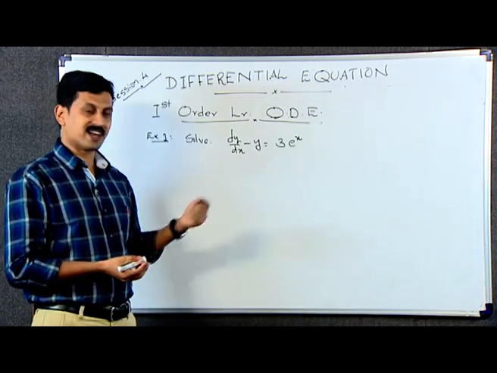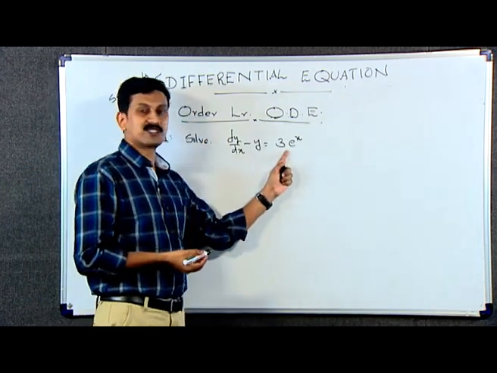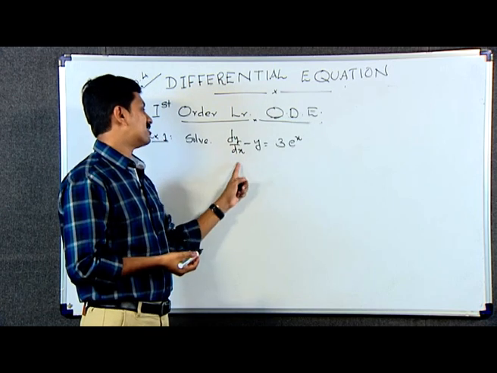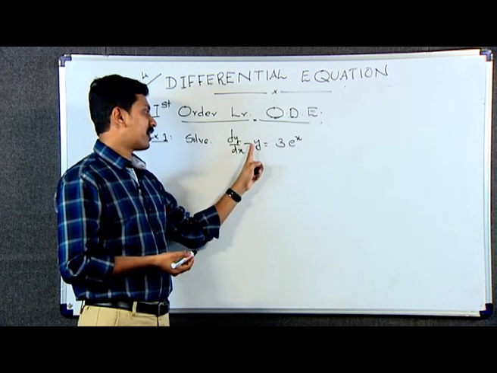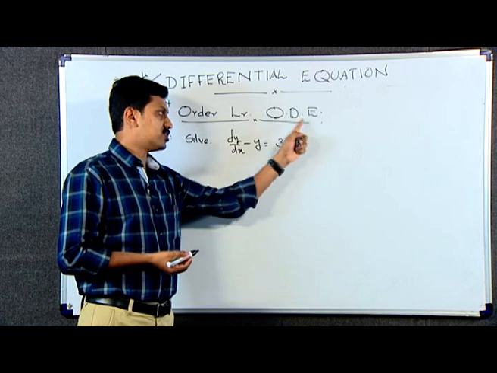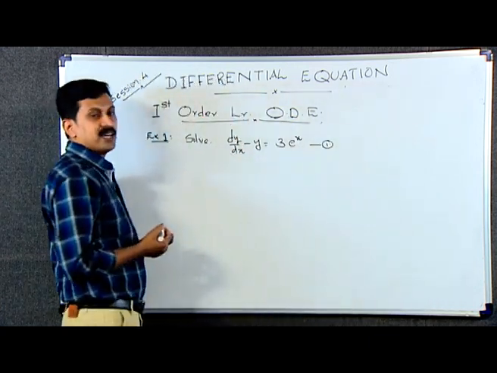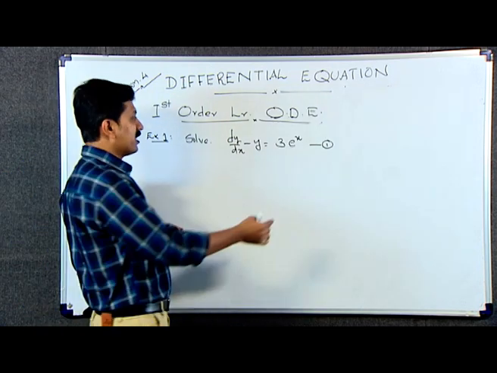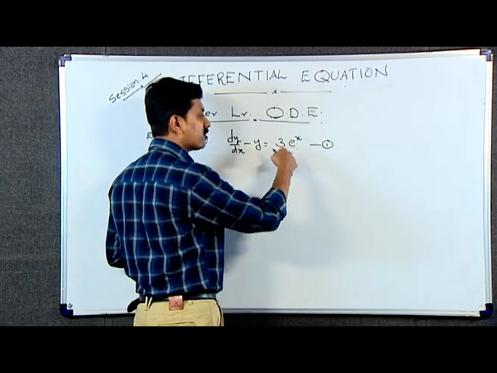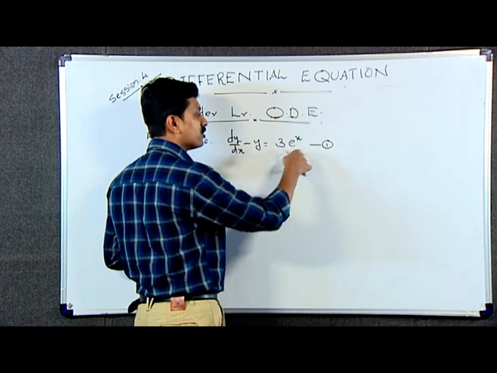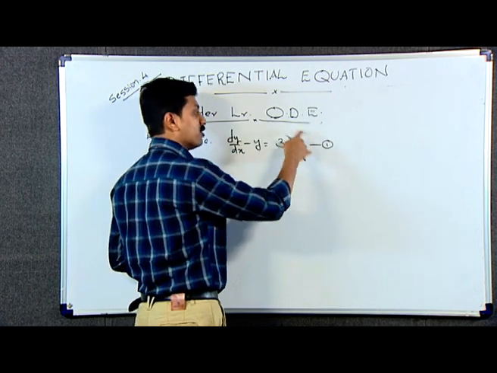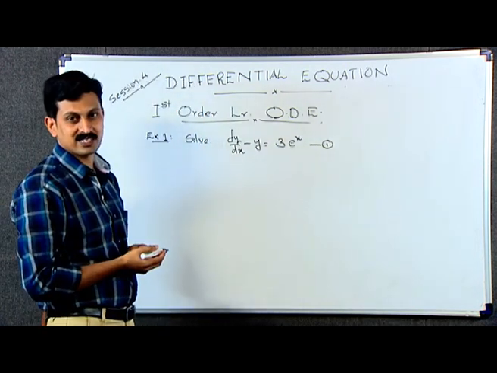Simply by seeing, we can identify this. We discussed many examples here. This is y dash, minus p of x into y, and g of x here. So this equation 1 is a linear differential equation. Because 3 e raised to x is not equal to 0 always, it is a non-homogeneous linear differential equation.